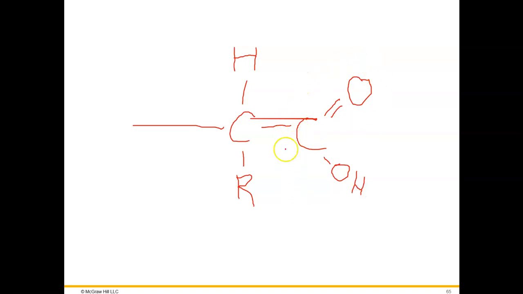So this COOH, just try to ignore that little piece that shot out there from that C. I don't know why that happens, but every time I try to draw something, it does that. But anyway, there's a central carbon bonded to a carboxyl group, that's the COOH, and then also bonded to an amino group, and that's nitrogen and 2 hydrogen atoms.